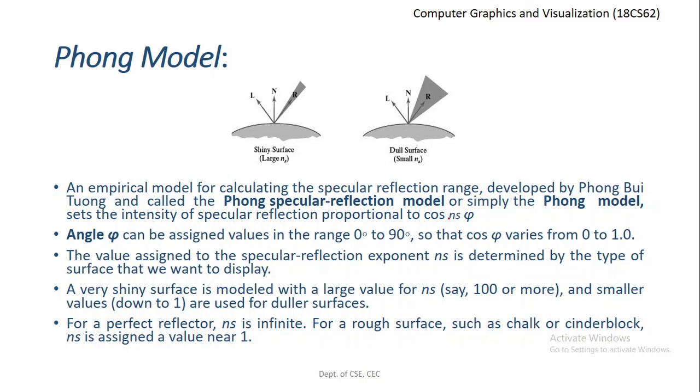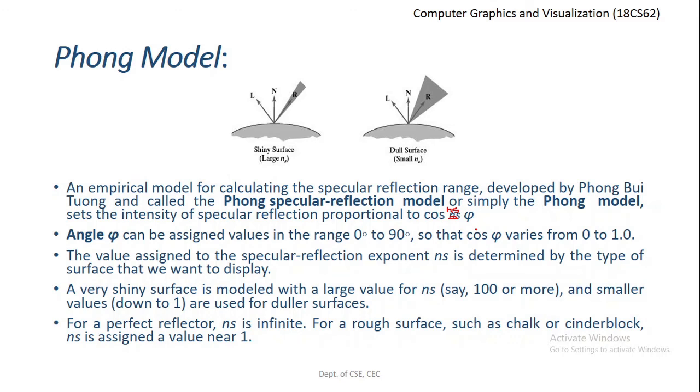Ns should be an exponent here. So this Phong specular reflection model was developed by Phong Bui Tuong in order to model the specular reflection range, and it sets the intensity of the specular reflection proportional to cos phi raised to the power of ns.